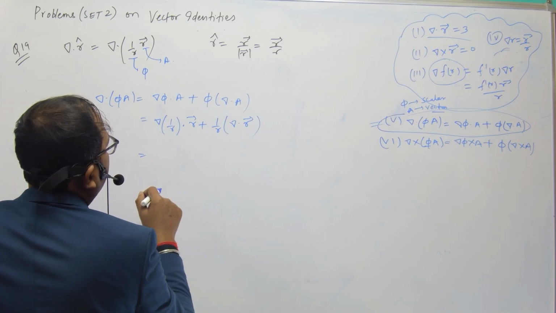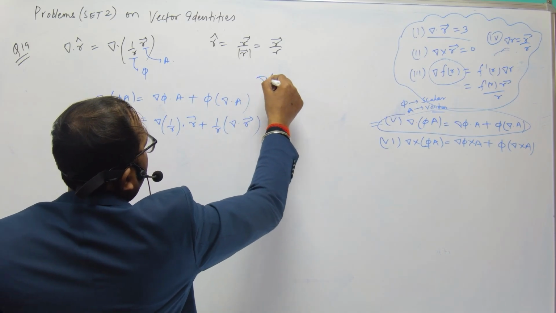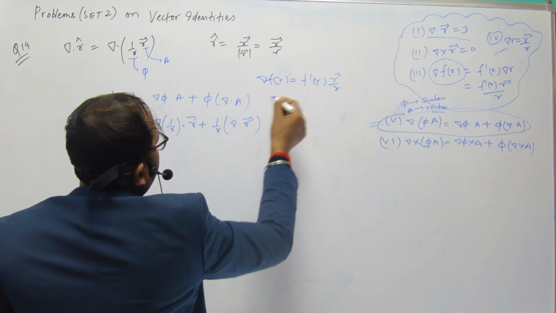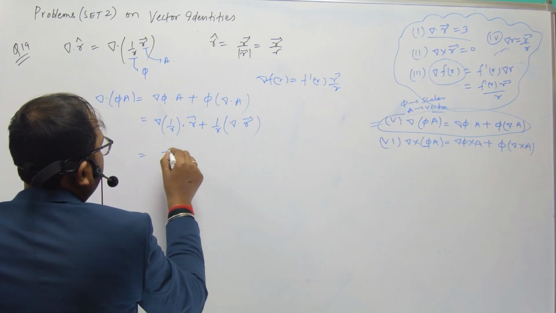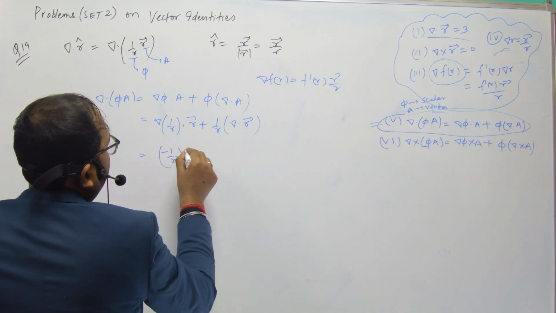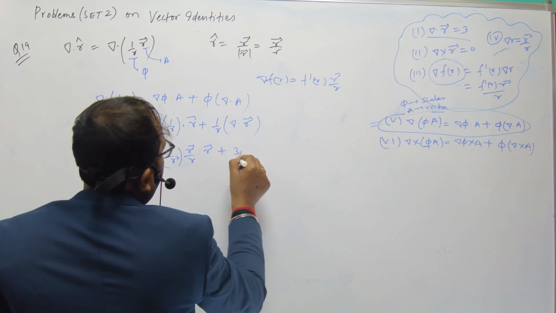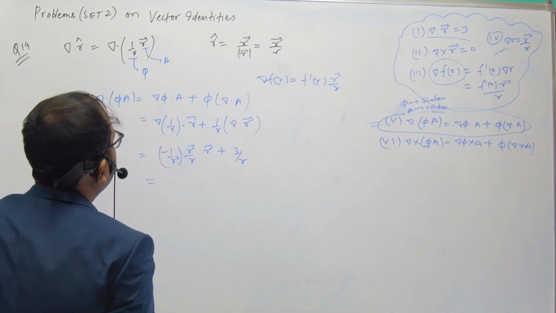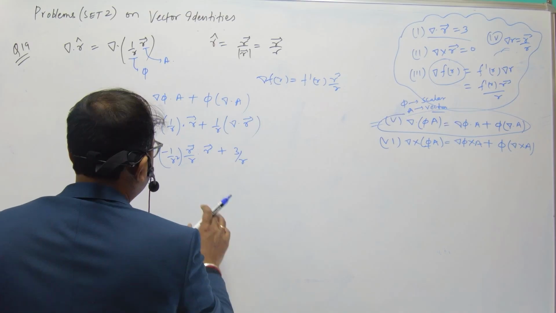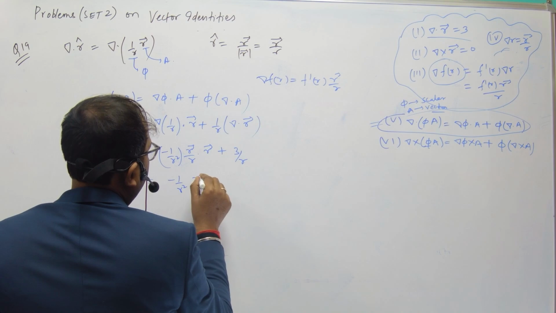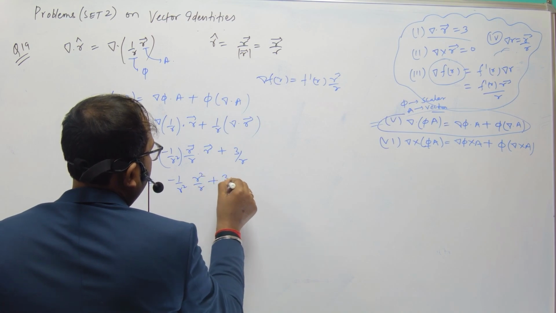this we can write as the differentiation of 1 upon r. So we have del of f(r) as f dash r times r vector upon r. This is equal to f dash r, which is minus 1 by r square, r vector upon r dot r vector, plus 3 upon r, equal to minus 1 by r square times r upon r plus 3 upon r.